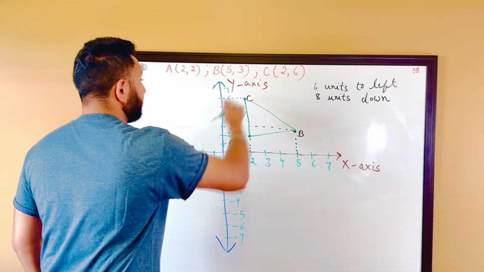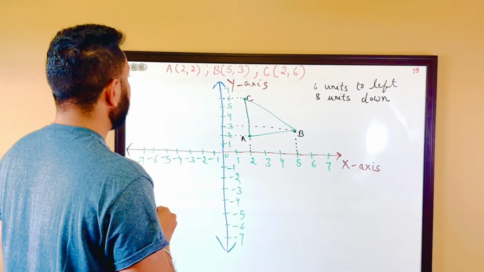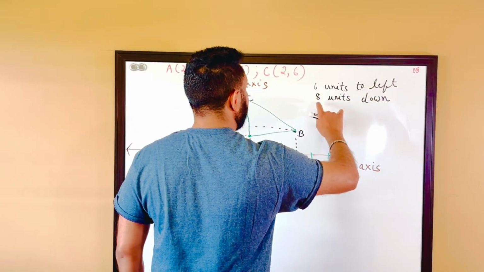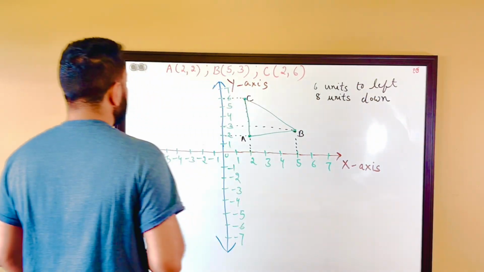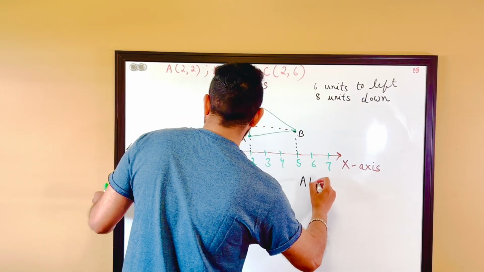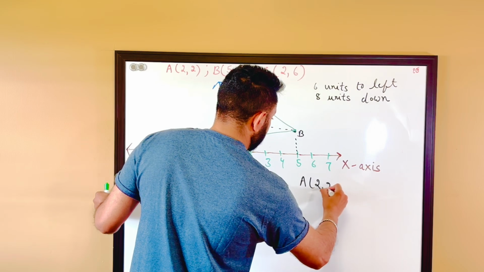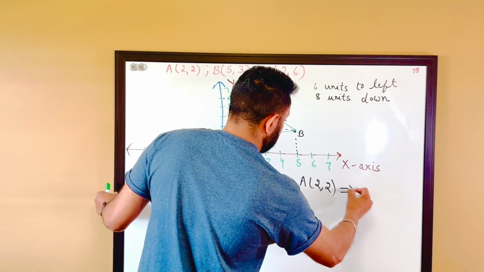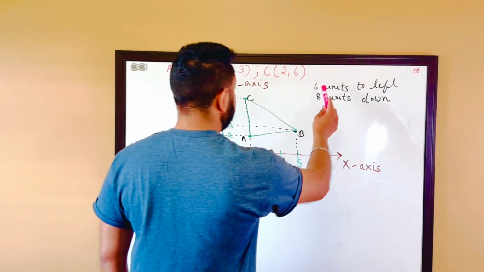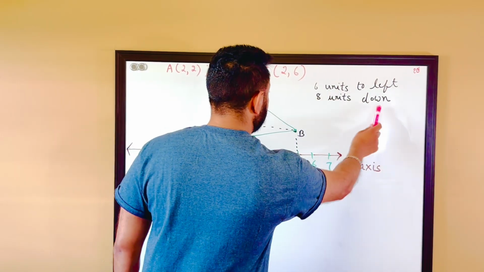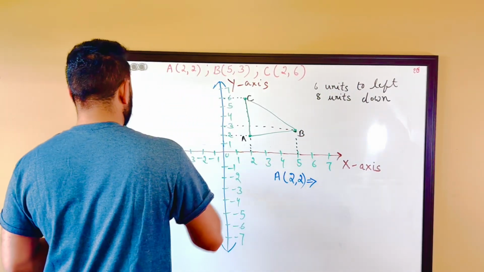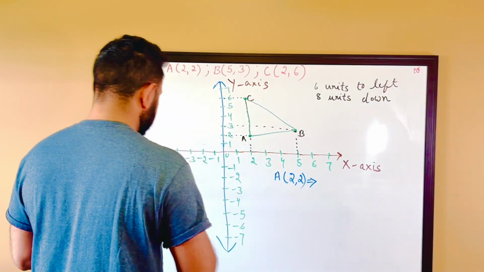So A, B, C, and now we're gonna apply the translation 6 units to the left and 8 units down. So let's say this is A (2, 2). So 6 units to the left, that means we are going towards the negative x-axis.